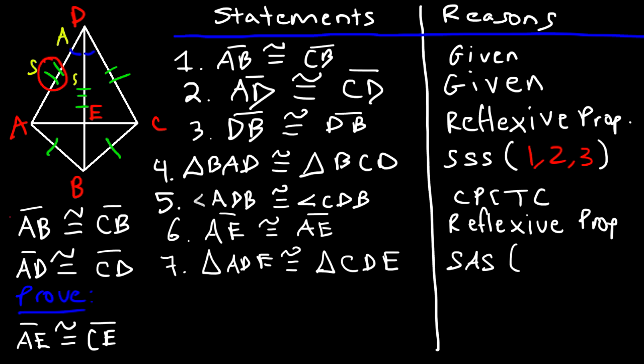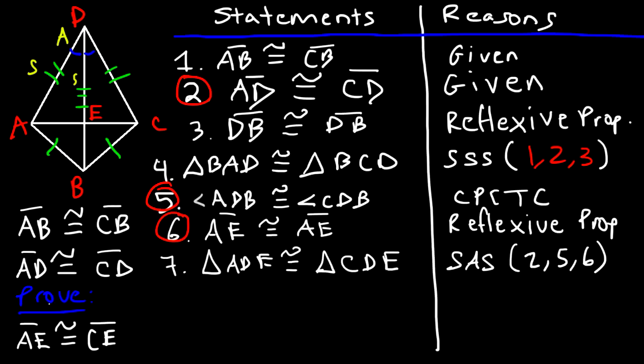And so for this side, it's based on statement 2, AD equals CD. And for the angle, it's based on statement 5, ADB equals CDB. And for this side, we've used the reflexive property of step 6. So we could say it's based on statements 2, 5, and 6.